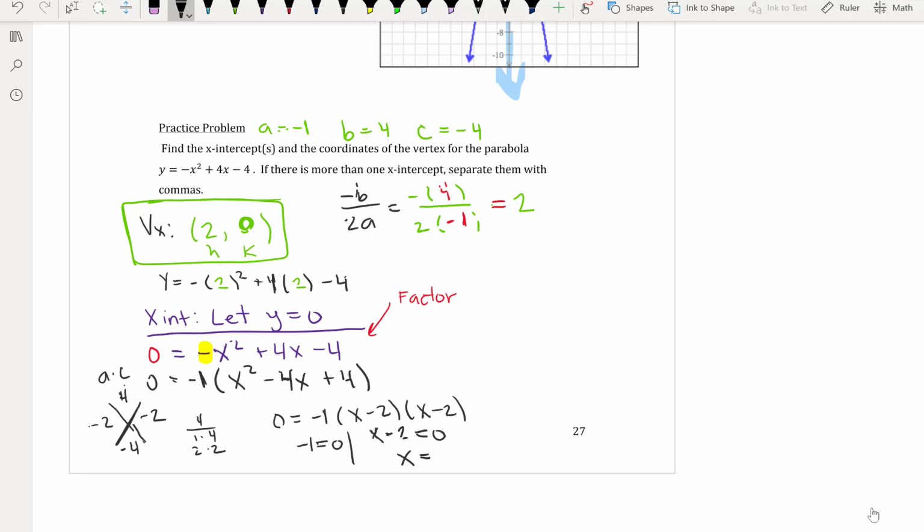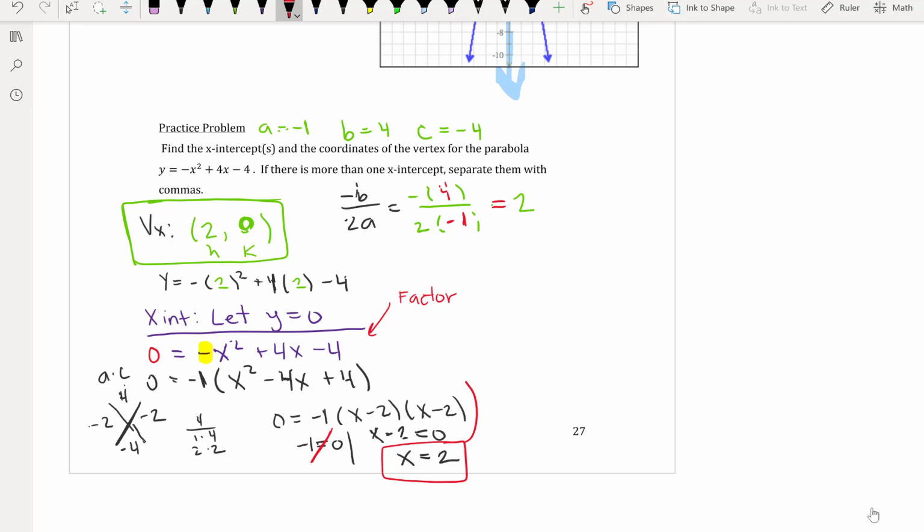So x is equal to +2. And notice how both of those parentheses are the same. So I just know that x is equal to 2 is going to be my final answer. Then this -1 is equal to 0, that's never possible.